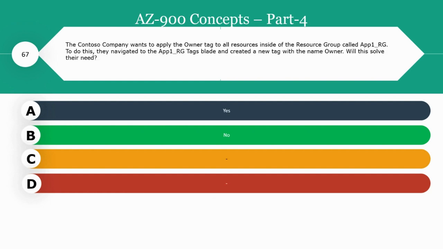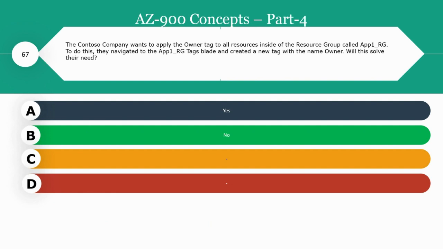67. The Contoso company wants to apply the owner tag to all resources inside the resource group called app1_rg. To do this, they navigated to the app1_rg resource tag blade and created a new tag with the name owner. Will this solve their need?